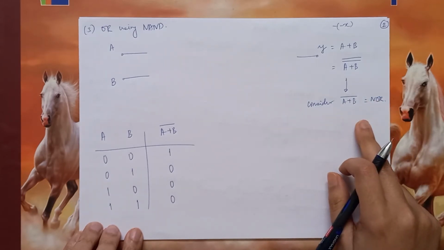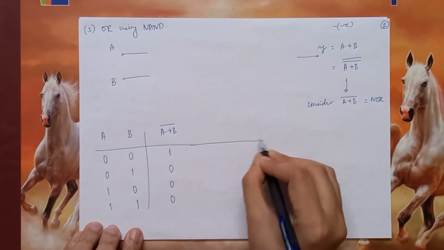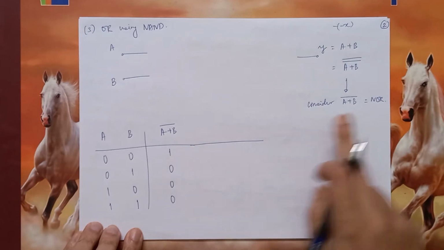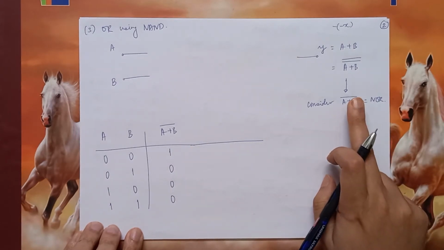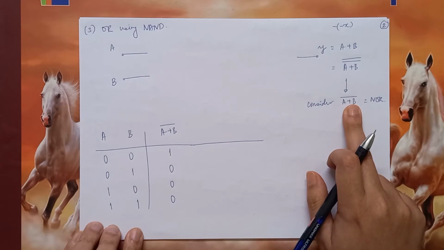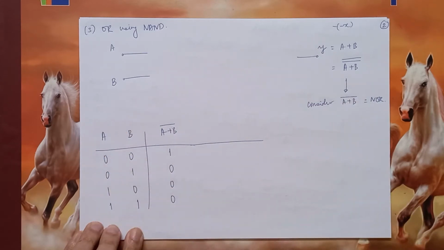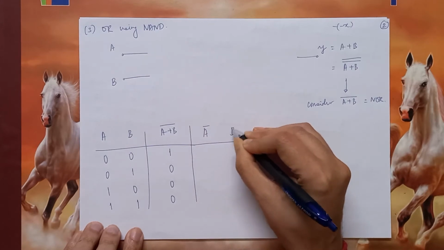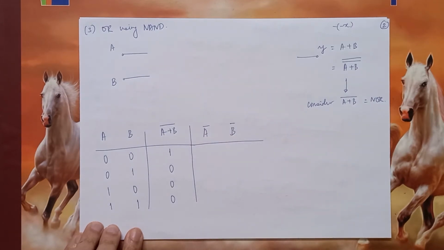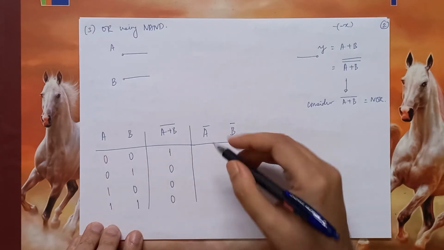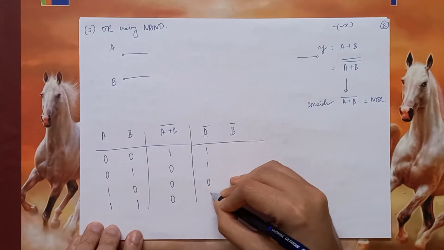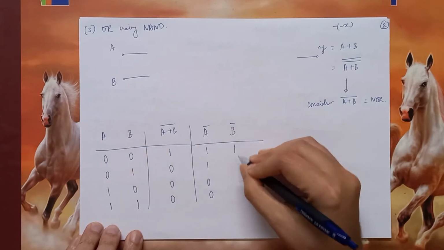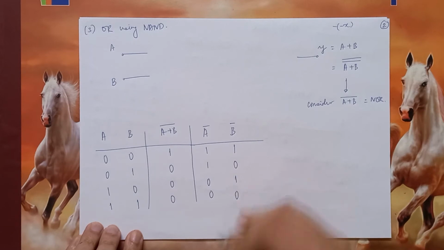That mathematician many years back said that this function can also be represented in a different way. He said rather than taking the complement of this thing, you take the complement of the individual variables. That is, you write a bar and b bar. Okay, so a bar would be the opposite of a, that is 1, 1, 0, 0. And b bar would be the opposite of b, which is 1, 0, 1, 0.